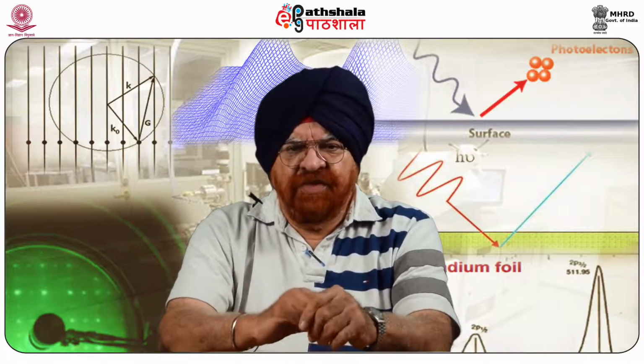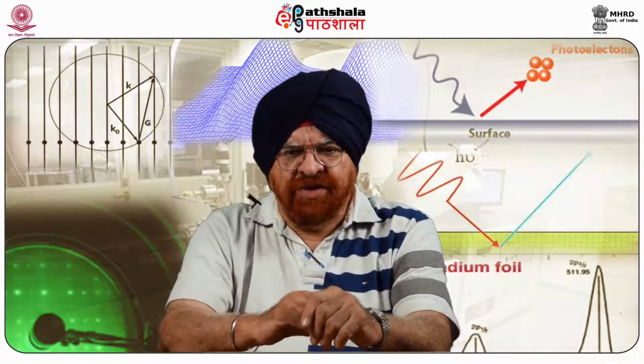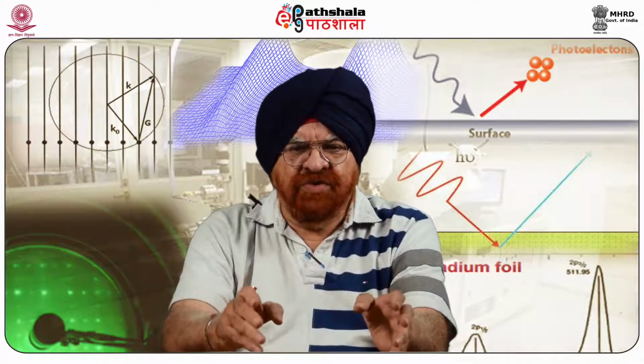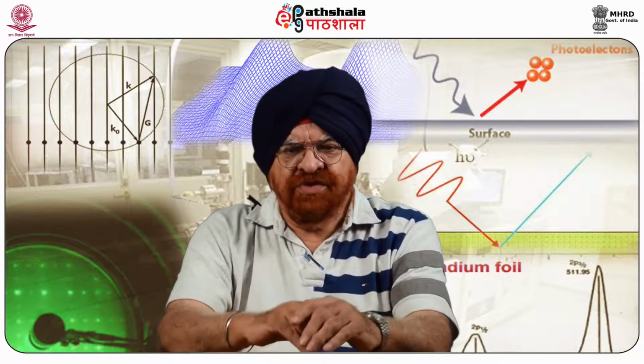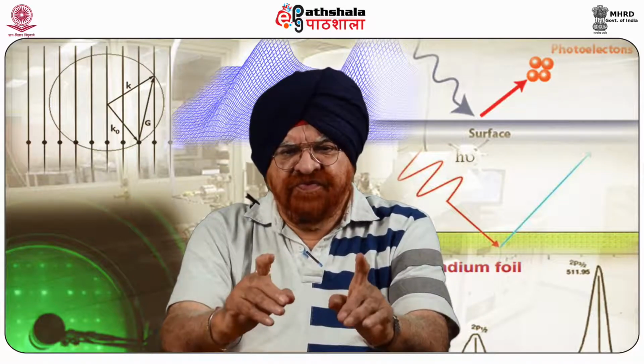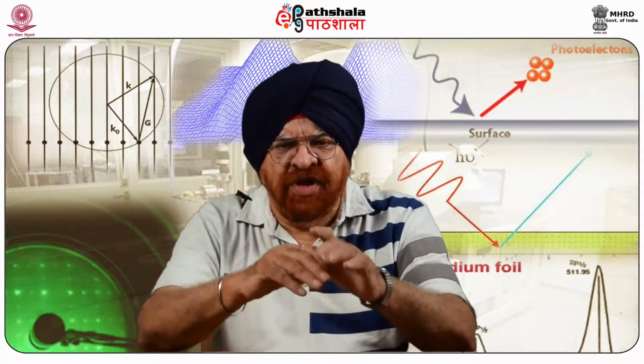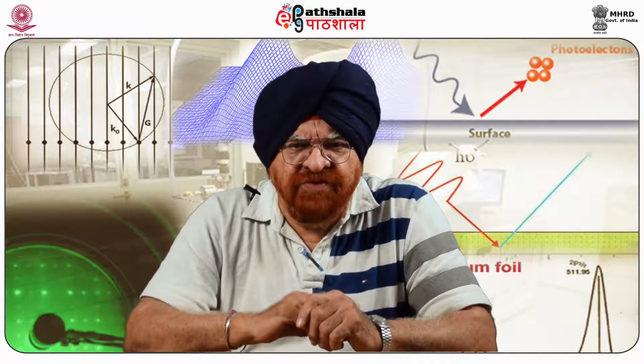If they are made into a parallel plate capacitor, equal and opposite charges will be induced on the surfaces. If we make them into a parallel plate capacitor, that is the important point. Only then is this phenomenon going to occur. Otherwise, we shall not be able to observe this.